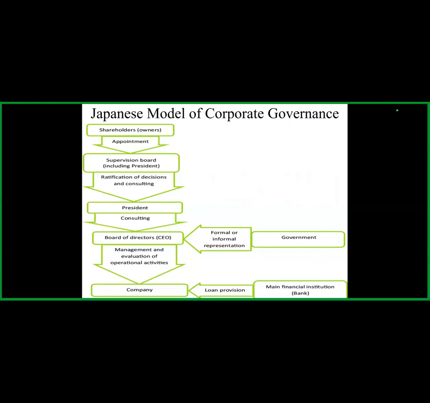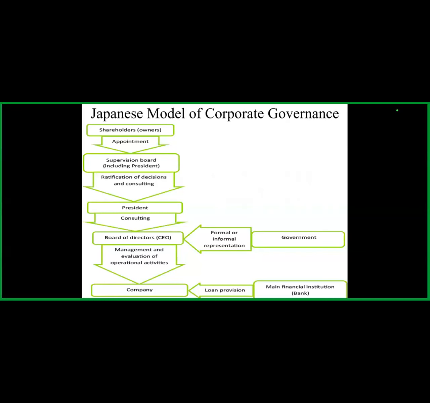Management here means the day-to-day management of the organization. How it will be carried out in the organization is to be taken care of not by the supervision board, but by the CEO of the organization. First one is management and evaluation of operational activities.